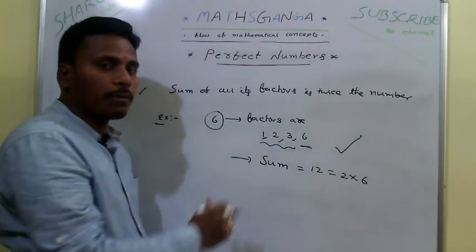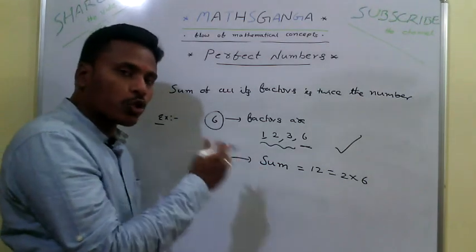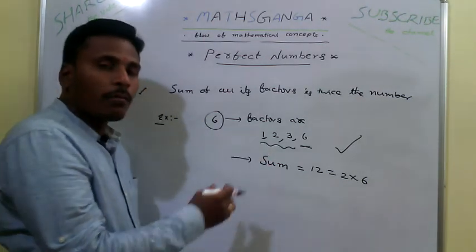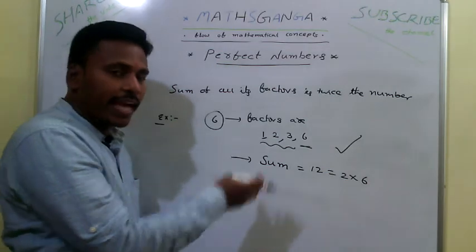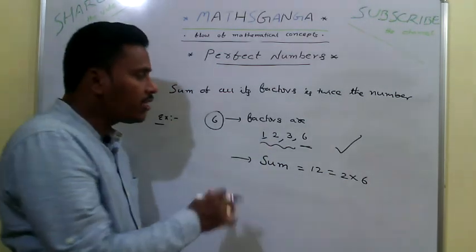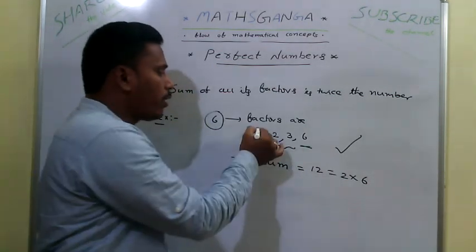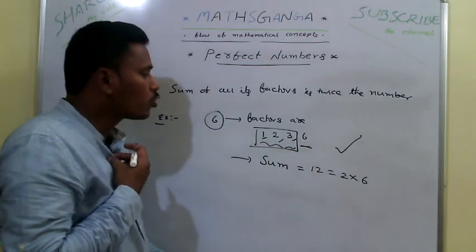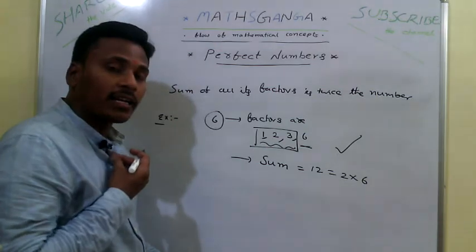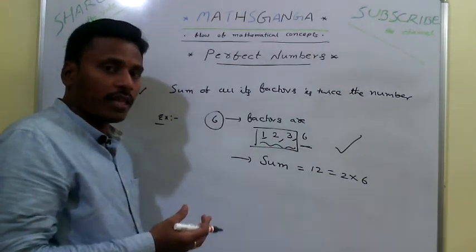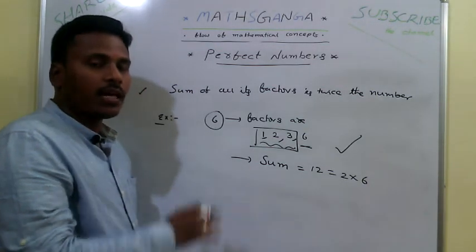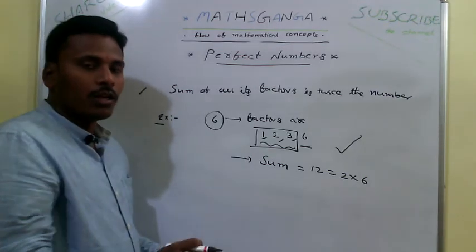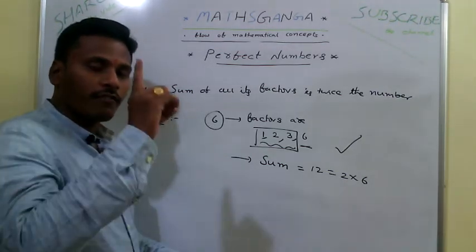So if you exclude the number itself, the sum of all the factors excluding the number itself is equal to the number. For example, 1 plus 2 plus 3 is 6. So this is another definition for the perfect number.